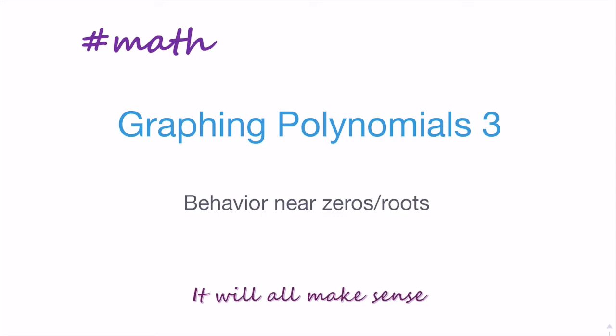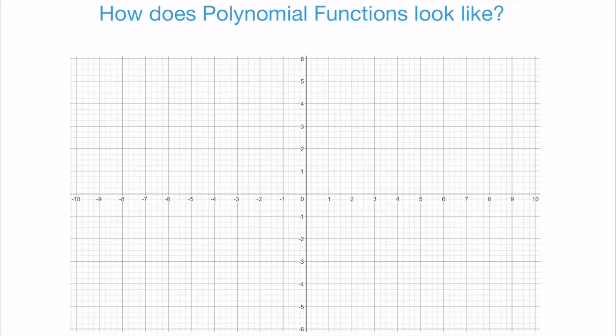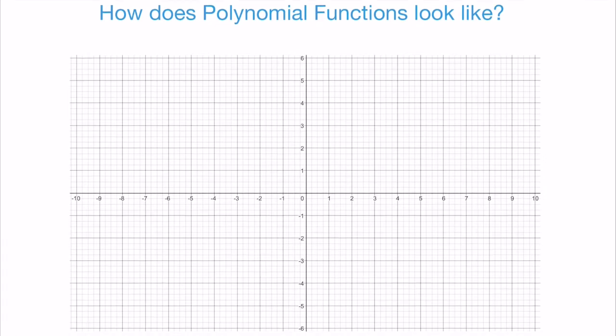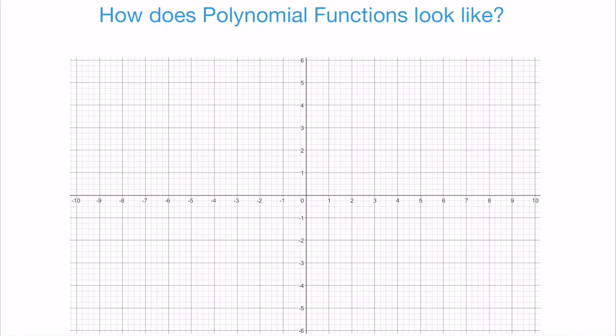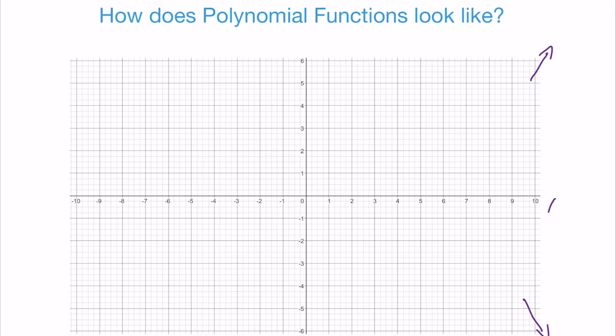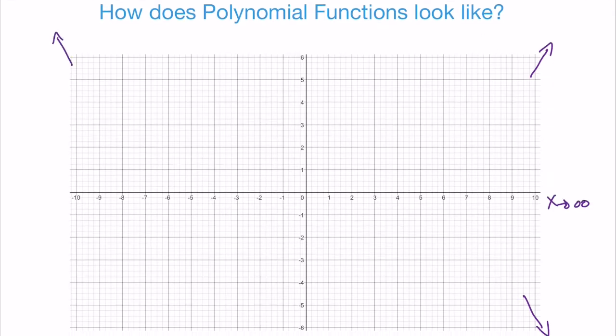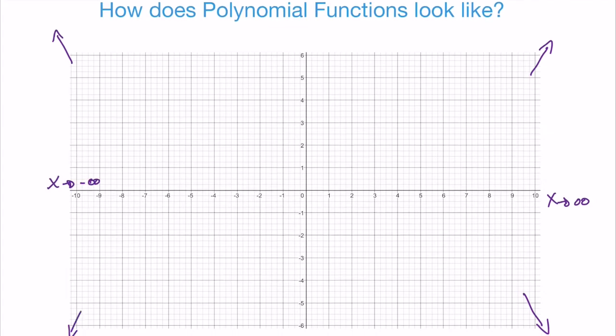Local behavior, or behavior near the roots of real zeros, is the last piece that will enable us to graph polynomial functions. First of all, let's get an idea of how polynomial functions look. All polynomial functions towards the end of the graph go to either positive infinity or negative infinity, as x approaches infinity, or go to positive infinity or negative infinity as x approaches negative infinity.